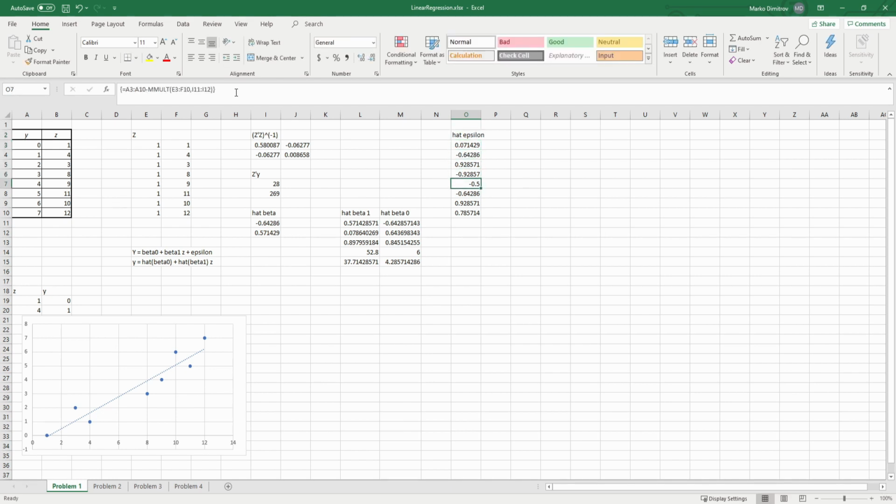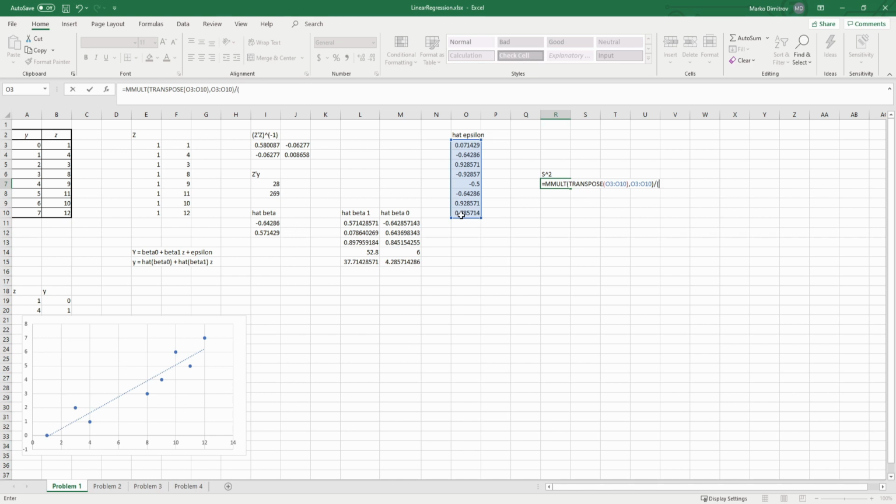Okay, and to compute now the estimate of our variance, so our S squared, this is a number, we need matrix multiplication of transpose hat epsilon, then hat epsilon. Okay, and then we just need to divide it by n minus r plus 1.